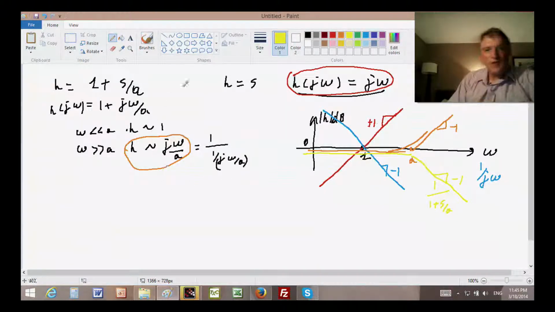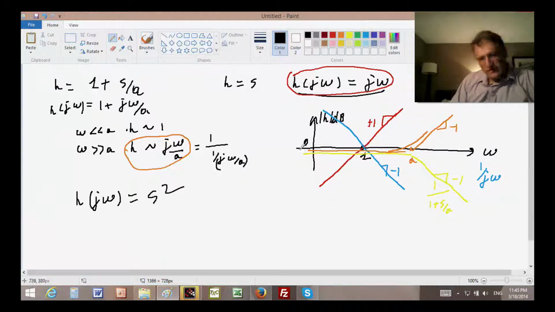And of course, we now have enough tools to compute, for example, the transfer function h of j omega equal to s squared. The story is the same. It's going to be a line of positive slope plus 2.